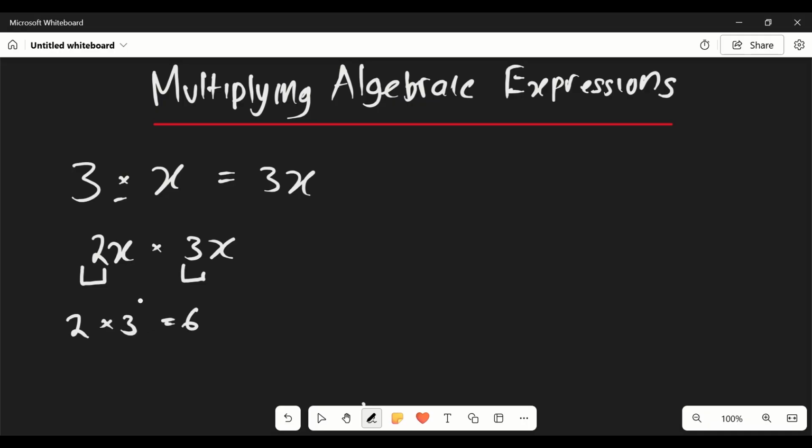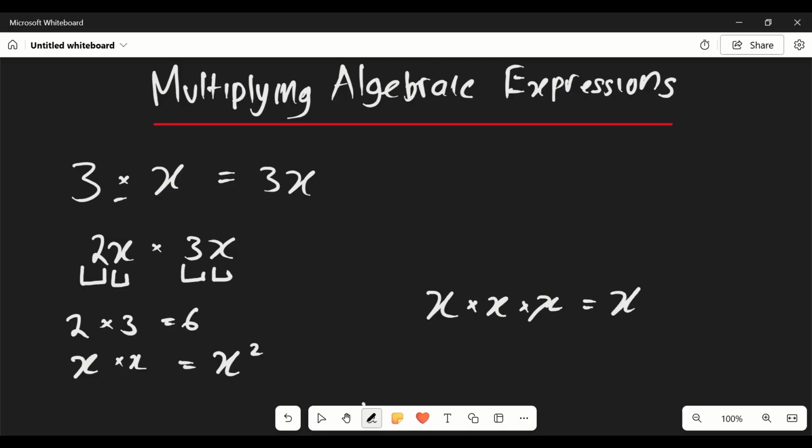And then we can multiply the variables. So x times x is just equal x squared. So if you have x times x times x, it's just equal x to the cube, not 3x. So then you have the result 6 times x squared, or just equal 6x squared.